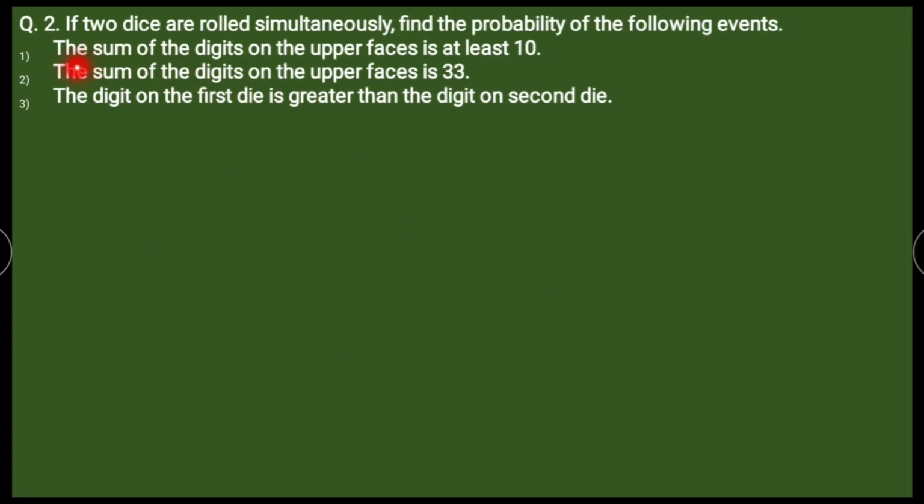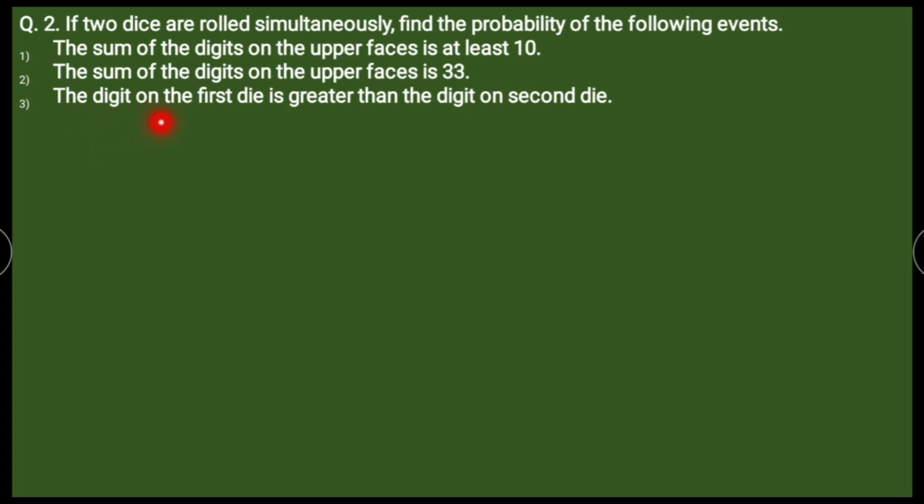Now see the main question 2. If two dice are rolled simultaneously, find the probability of the following events. Number 1. The sum of the digits on the upper faces is at least 10. Second, the sum of the digits on the upper faces is 33.